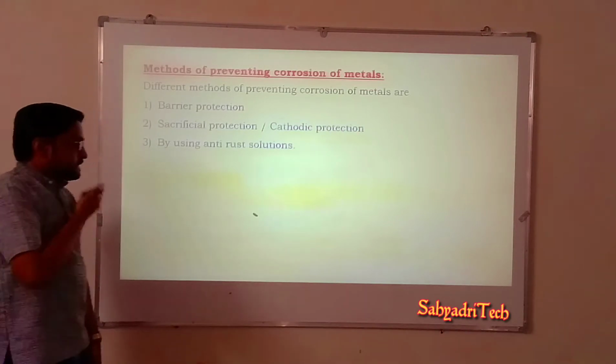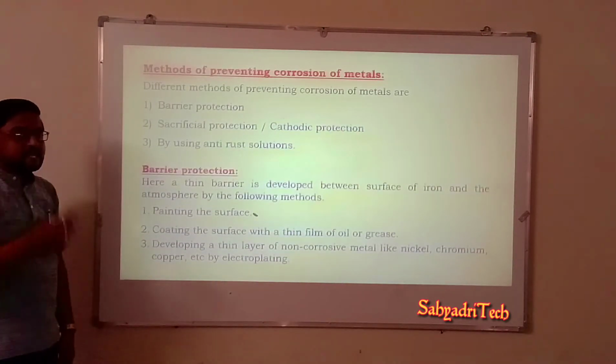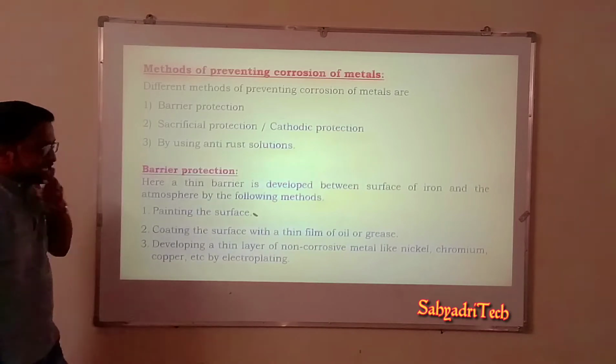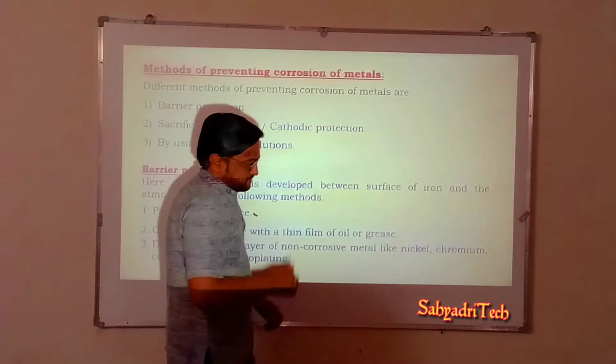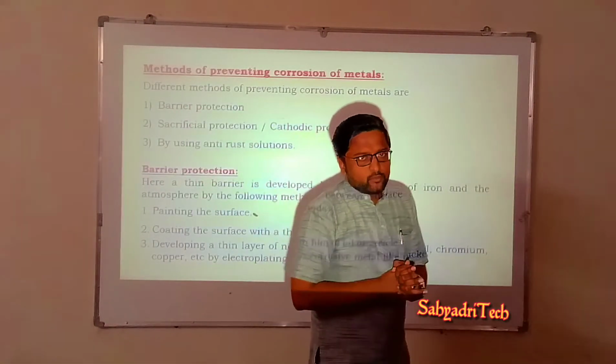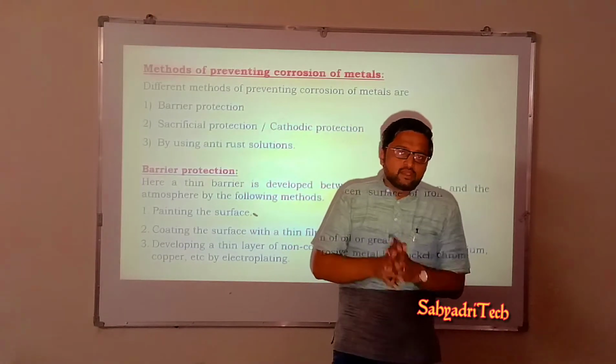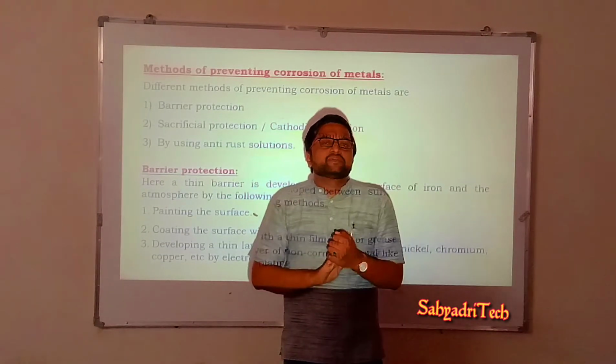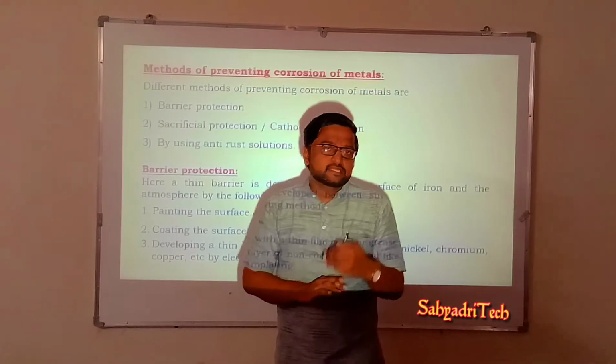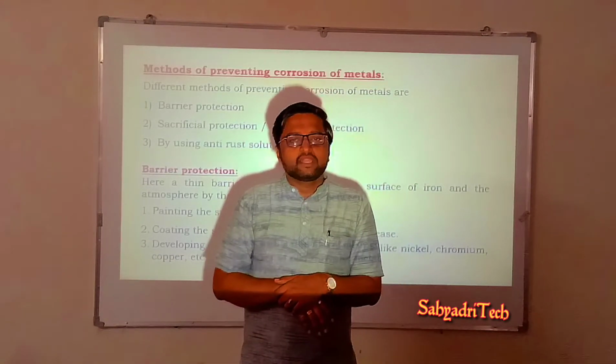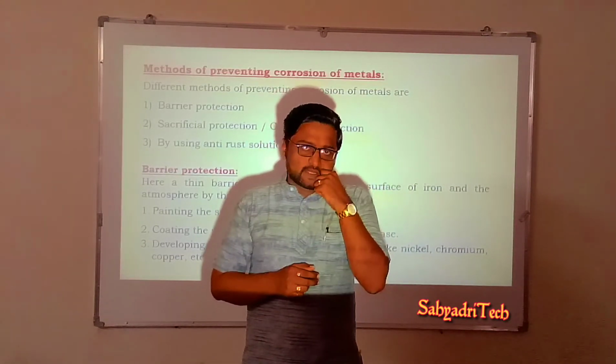Well, coming to the first one, what is barrier protection? Basically we know metals get corroded when they come in contact with their environment, or I can say the atmosphere.